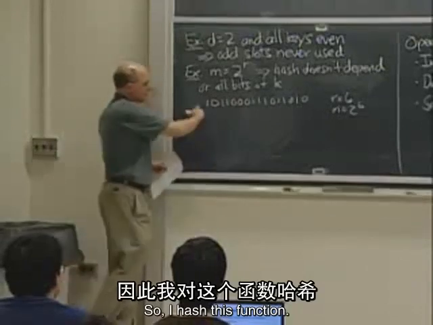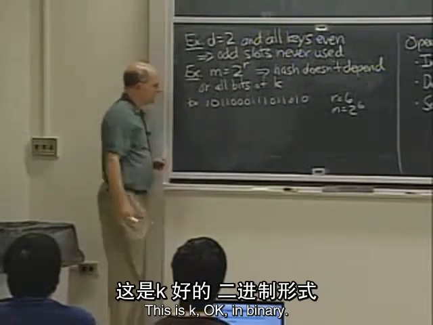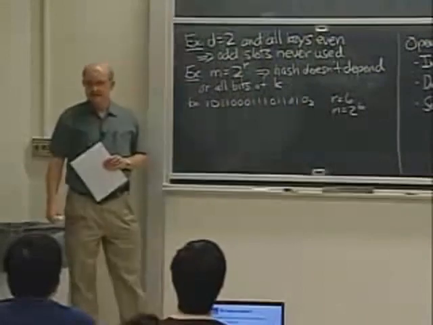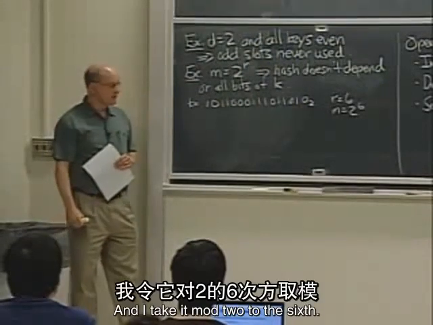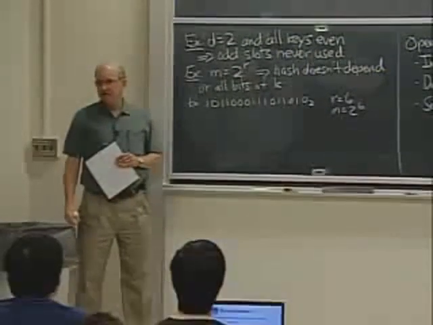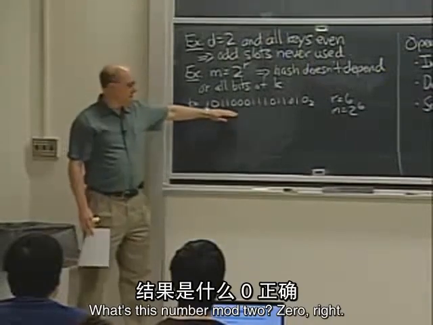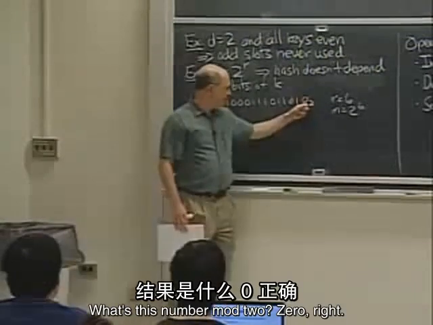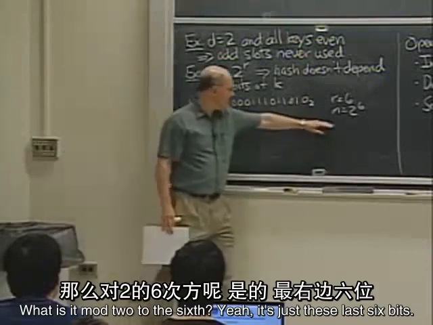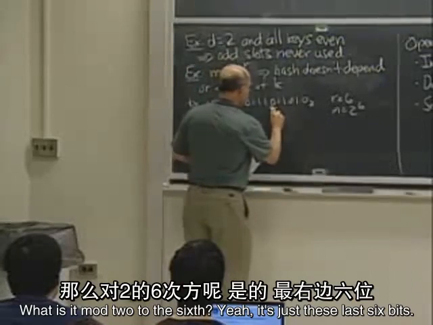So I hash this function. This is k, in binary. And I take it mod 2 to the 6th. Well, if I took it mod 2, what's the answer? What's this number mod 2? 0, right? What's this number mod 4? 1, 0. What is it mod 2 to the 6th? Yeah, it's just these last 6 bits.